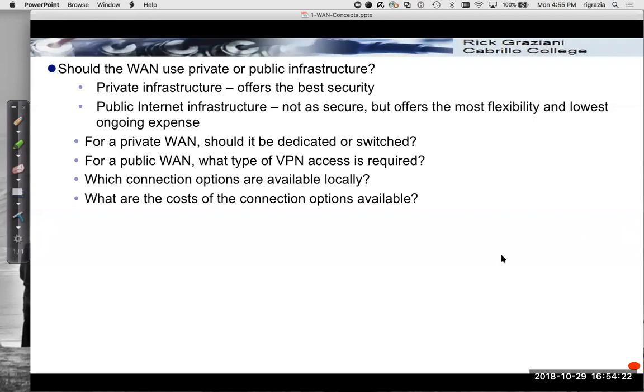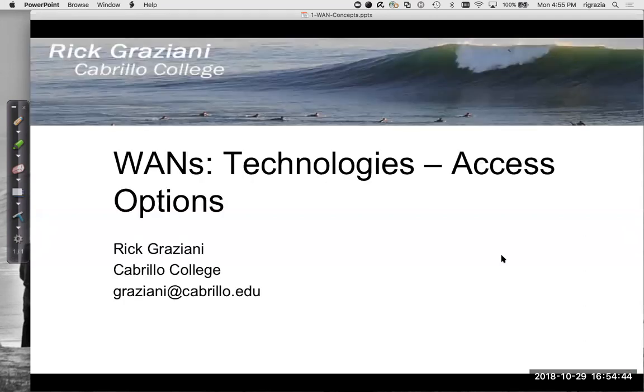It might be multiple service providers, multiple different kinds of connections, VPN connections, etc. Especially if you're connecting different regions of the country or even across the world, you're going to have to go through different providers and figure out how you're going to get everything interconnected. Whew, a lot to think about. All right, we'll be continuing this series with more videos here shortly.